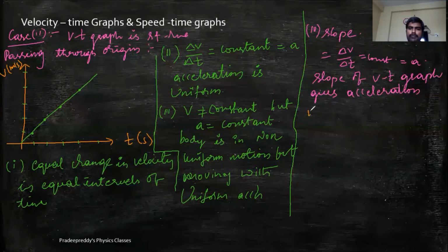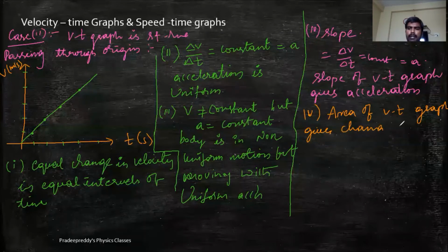And fifth one is area. If you calculate area of VT graph, it gives change in displacement. Same thing you will be getting here also. How much displacement the body has covered, you can calculate using VT graph if you find the area, right?